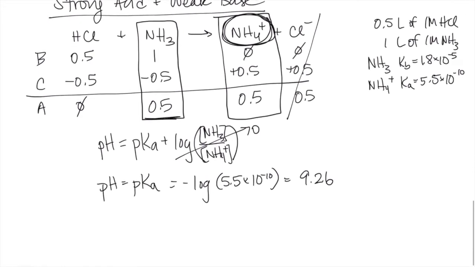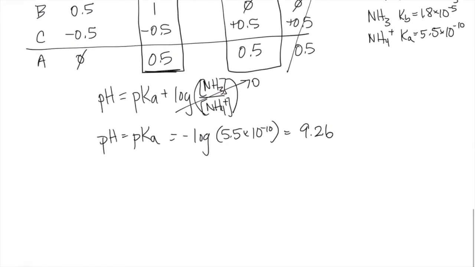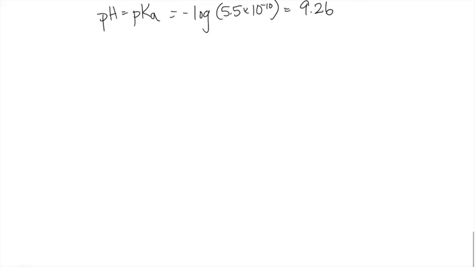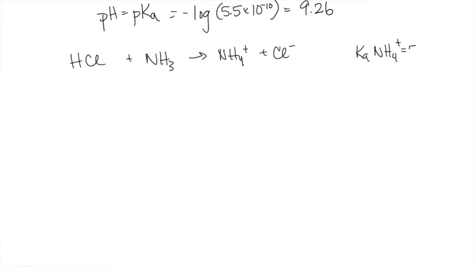Now I'm going to do another example, with equal quantities. So I'm going to have HCl and NH3. When they react, they make NH4+ and Cl-. And our Ka for NH4+ was 5.5 times 10 to the minus 10.